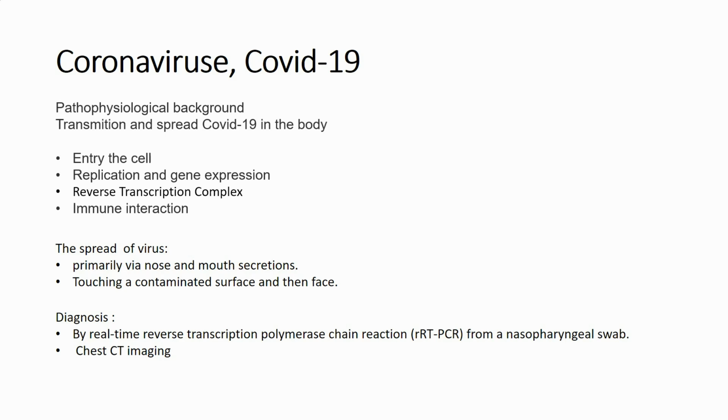And in the last step, it is very important that the activation of the immune system and the immune interaction with the APC, antigen presenting cell, can cause a big inflammation in the body, and it causes organ failure. As I said, the virus spreads primarily by nose and mouth secretions, and sometimes by touching a contaminated surface and then the face.